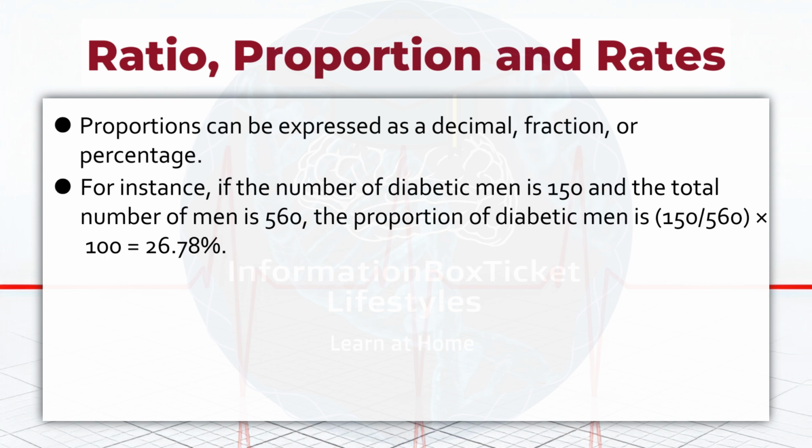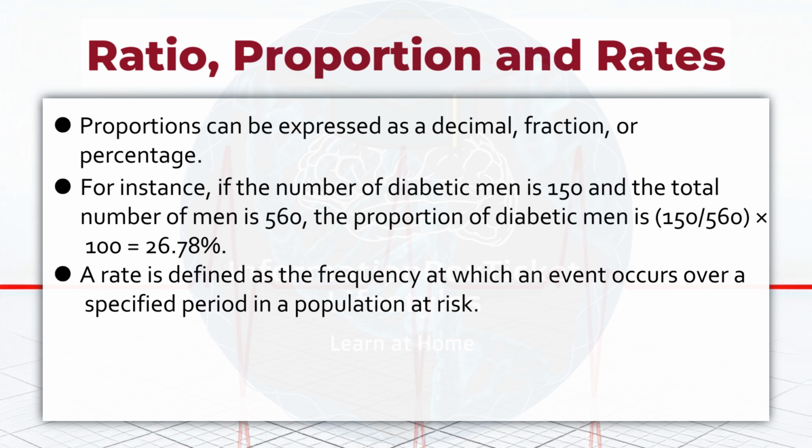For instance, if the number of diabetic men is 150 and the total number of men is 560, the proportion of diabetic men is 150 divided by 560 times 100 equals 26.78%.